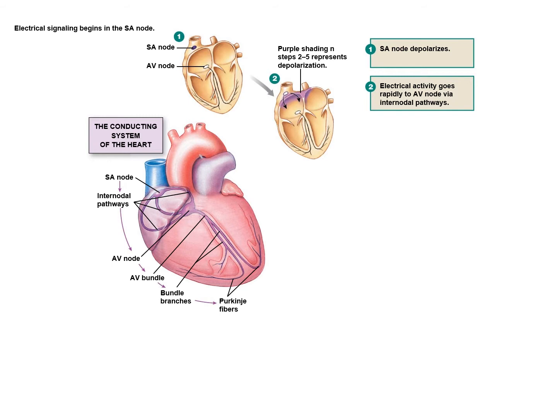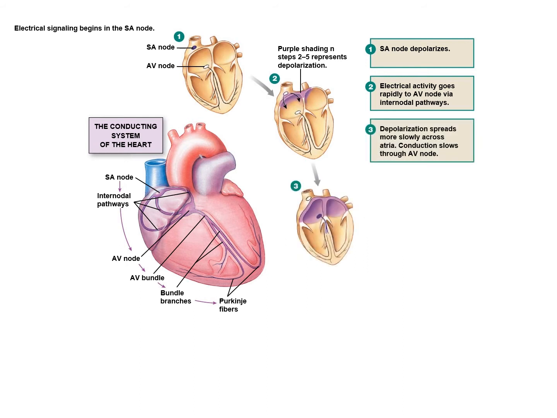And so we have that fast internodal pathway signal going to the AV node, and we have a slow depolarization wave going through the atrial myocardium.